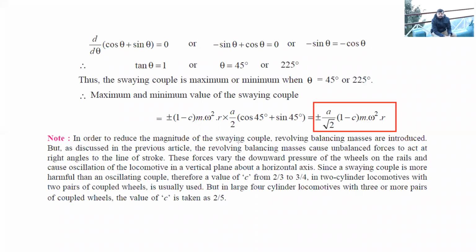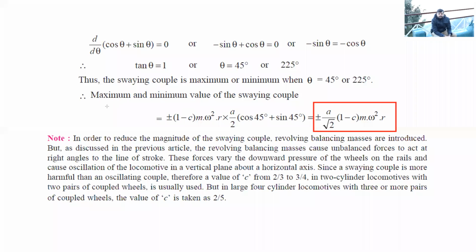What this note is saying is, in the last class I told you that the value of c varies from 20% to 60-70%. But in order to reduce this swaying couple, because nowadays more than two engines are used, maybe four, six or eight engines. By engine I mean the slider crank mechanism in a single engine.